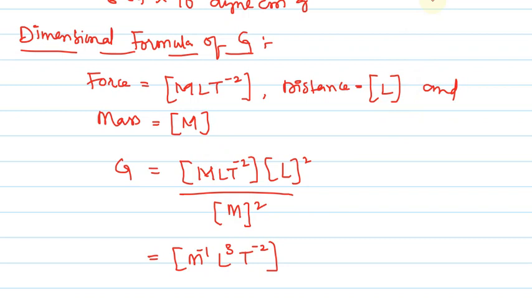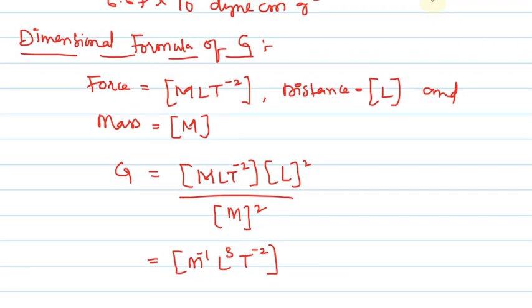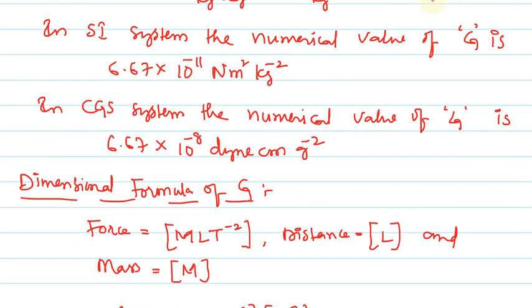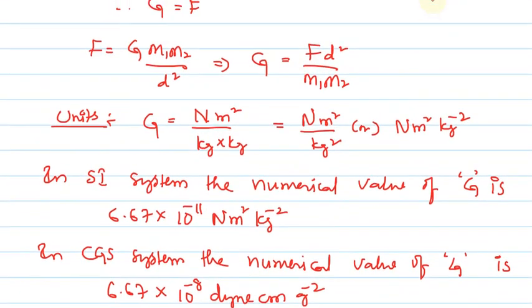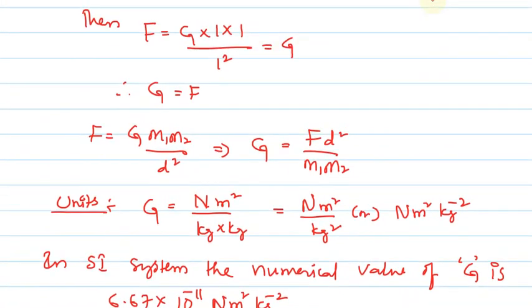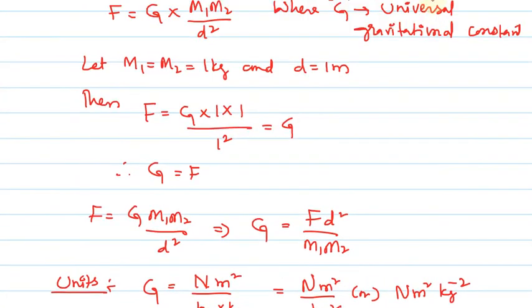Why is G called universal gravitational constant? To answer this question, when we defined capital G, we assumed that the masses are 1 kilogram and the distance between them is 1 meter, right? As masses are fixed, capital G is independent of the mass of bodies, and the distance between them we have fixed as 1 meter.